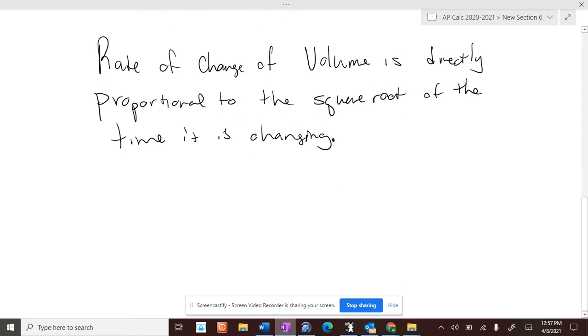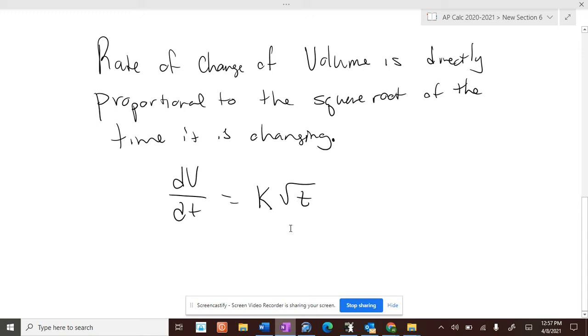All right. The rate of change in volume is directly proportional to the square root of the time that it is changing. How do we write that? As dV/dt equals k square root of t.